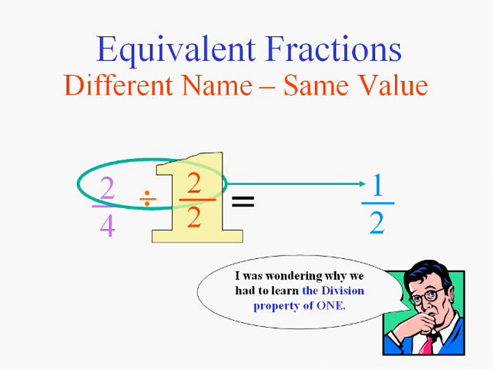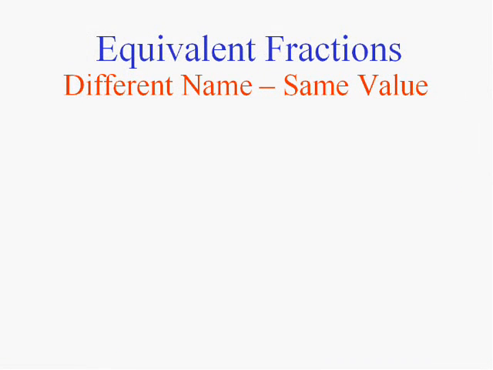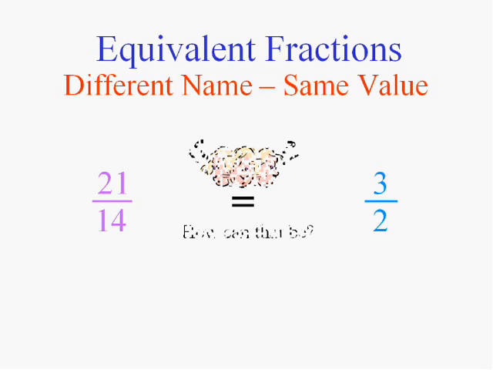In this form, 2 divided by 2 and 4 divided by 2. You have to do the same thing to the top that you do to the bottom, and you're really dividing by 1. Let's look at another example. 21/14 and 3/2 are really equivalent fractions. They're the same value with a different name.